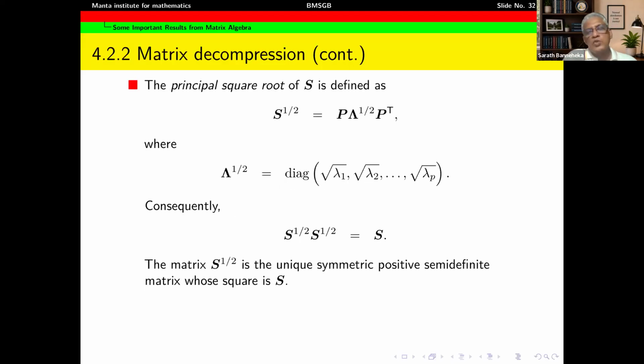Now, this is very useful to us, especially when you want to find out something called the square root of this matrix S, right? So if you define P times the square root of this diagonal matrix times P transpose as S square root, that is a definition, right?